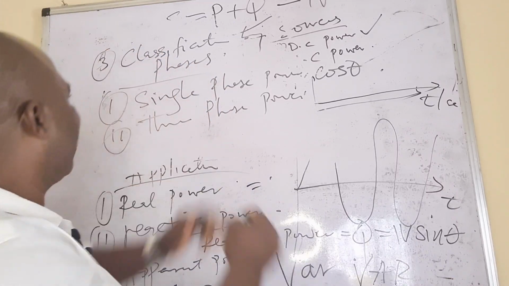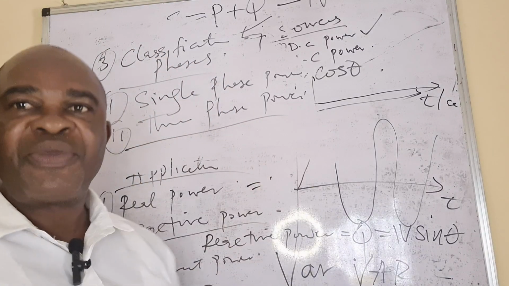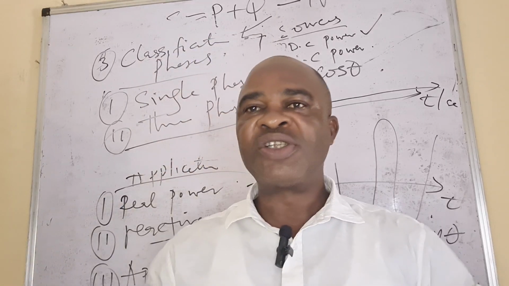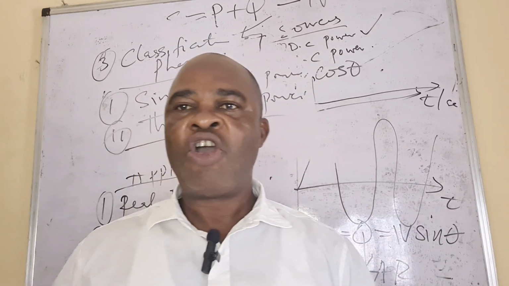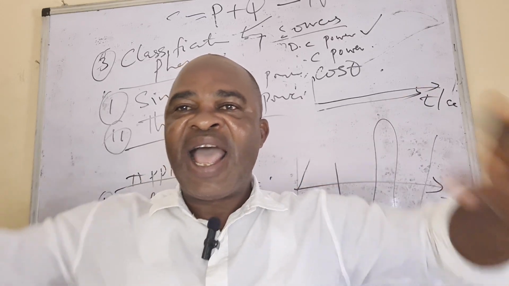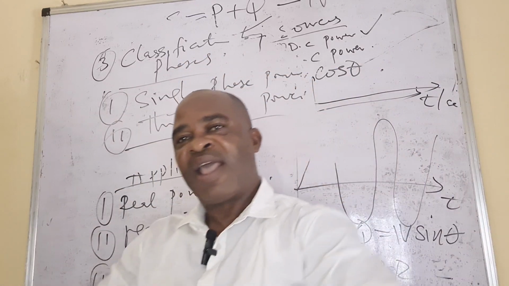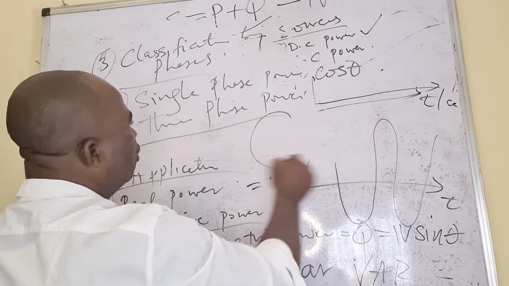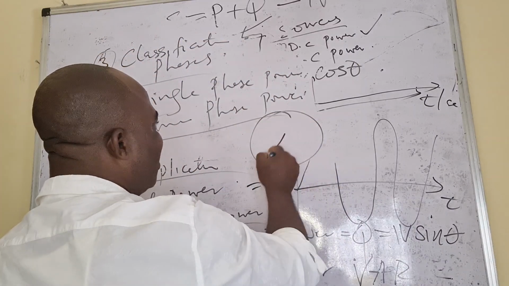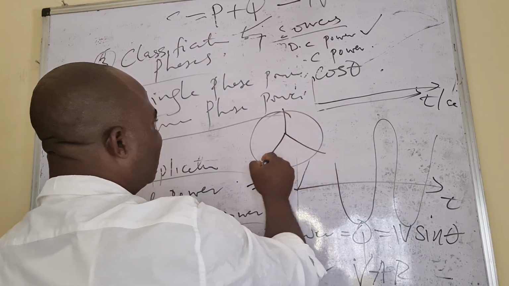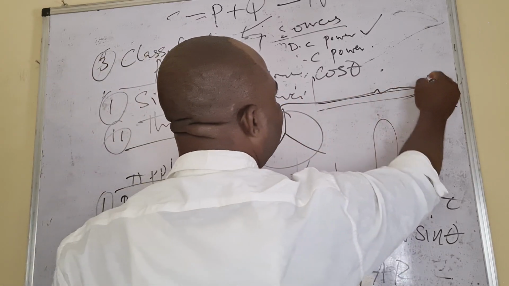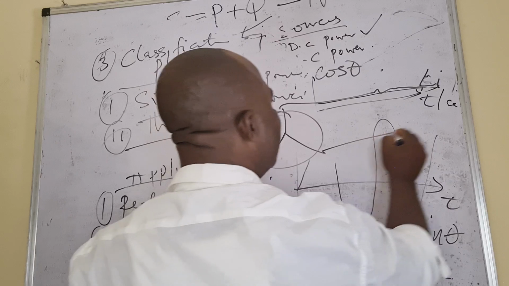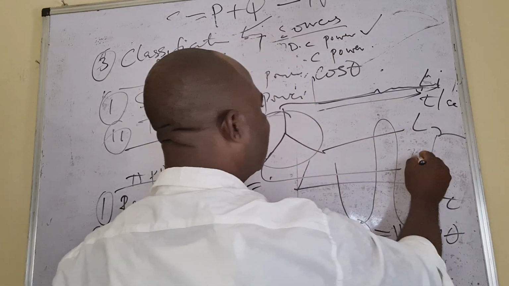Then a three-phase system is a situation where the voltage waveform runs into three parameters, all of them oscillating at 120 degrees apart. They are at 120 degrees apart by our drawing. Assuming you have it like this, this is line 1, this is line 2, this is line 3.